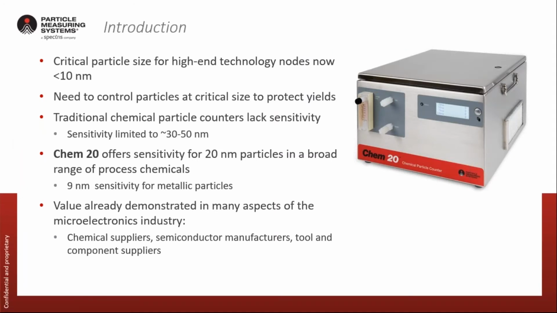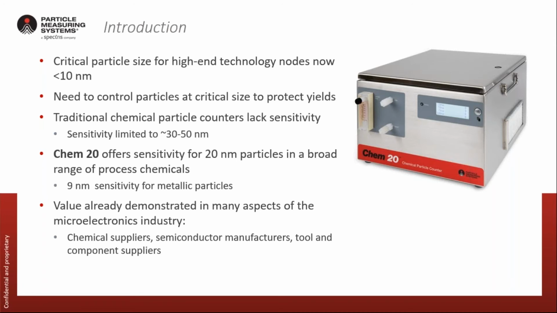So to start with a brief introduction, for the most advanced semiconductor manufacturing nodes, the critical particle size is already smaller than 10 nanometers. So that means particles smaller than 10 nanometers pose a real threat to the manufacturing process. In order to protect yield, it is important to be able to detect and control particles at this critical particle size.